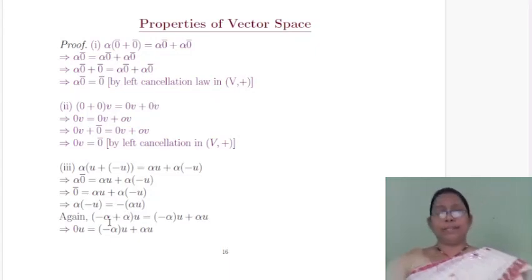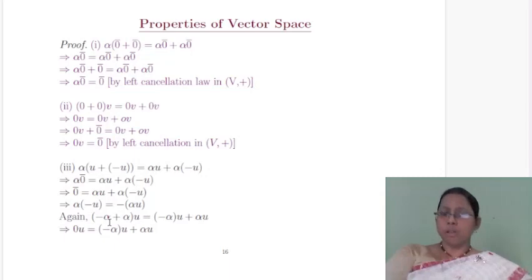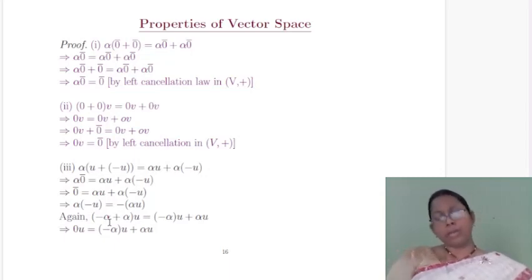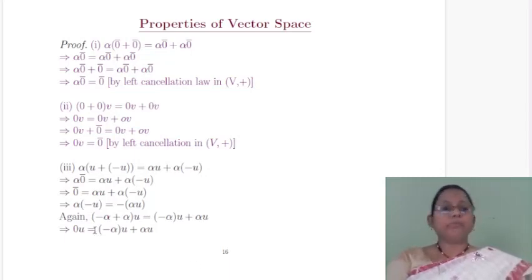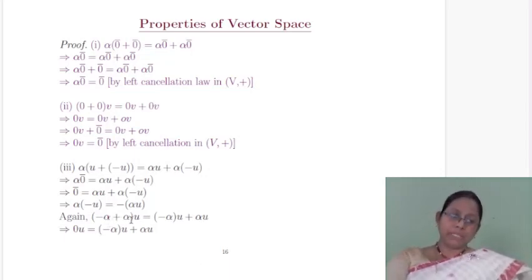As a measure level student, you must know where the element belongs, whether it belongs to the scalar field F or to the additive abelian group V. Here minus alpha plus alpha, an element with its additive inverse, is 0, as alpha belongs to the field. So this is the scalar 0 multiplied with u, and this is minus alpha u plus alpha u.